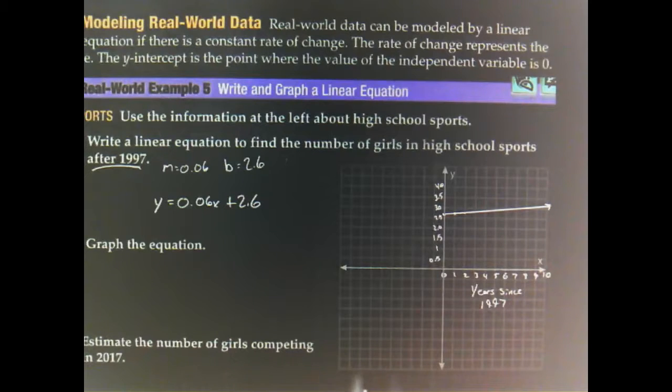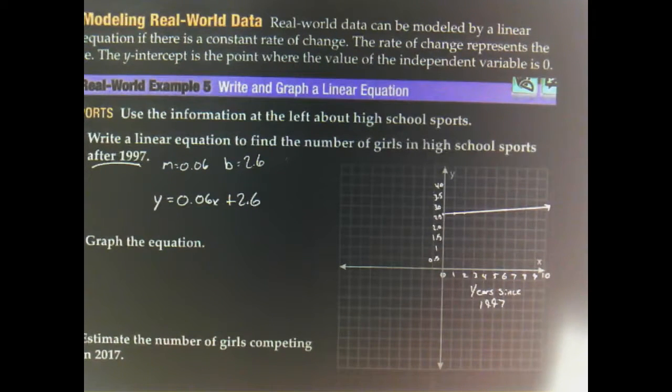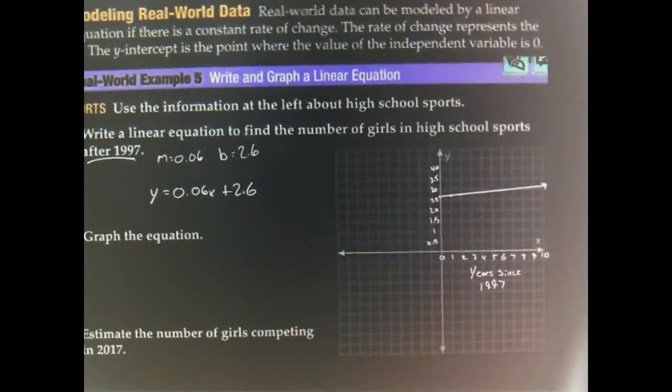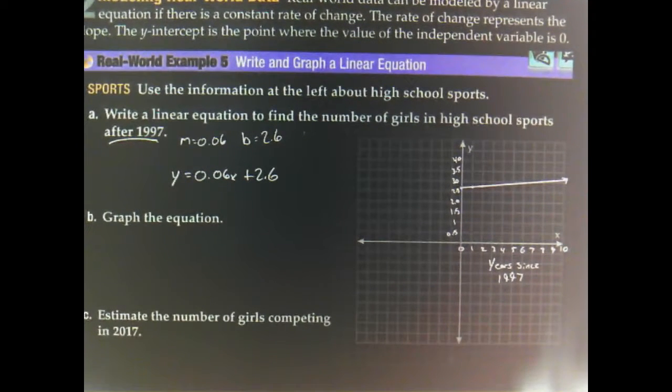So now it says estimate the number of girls competing in 2017. The 10 down here would represent 2007, so we don't have 2017 on the graph. What we need to do is figure out what we could plug into our equation. X represents the years and Y represents the number of girls competing. So in 2017, that would be 20 years since 1997.